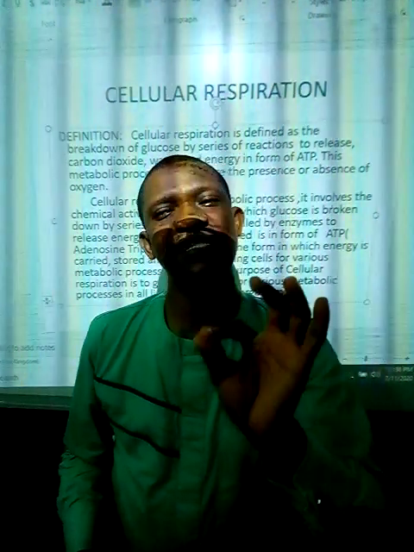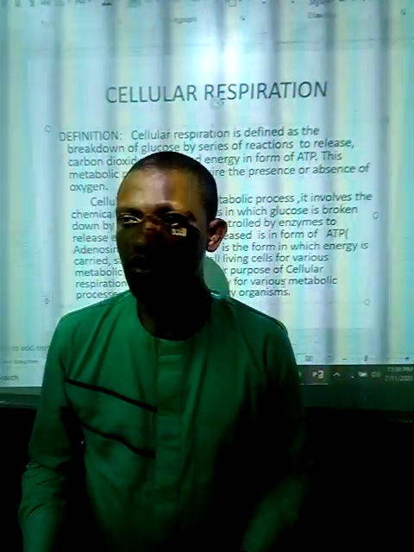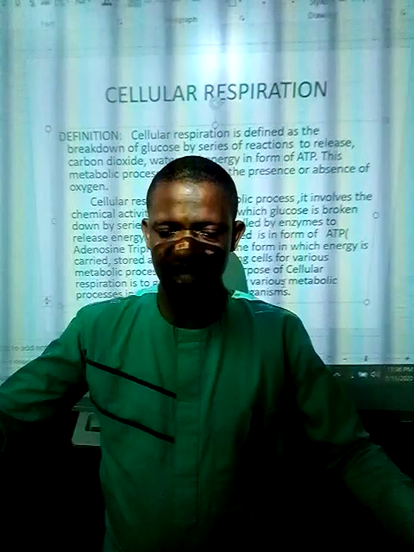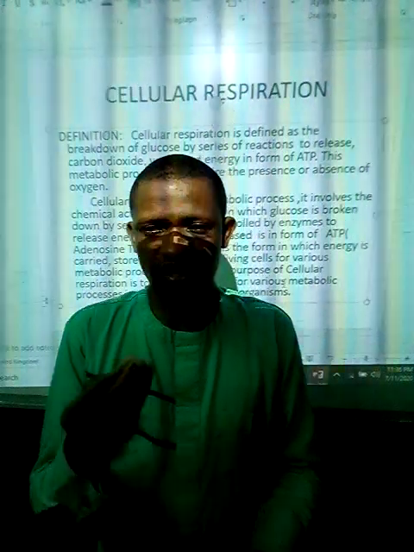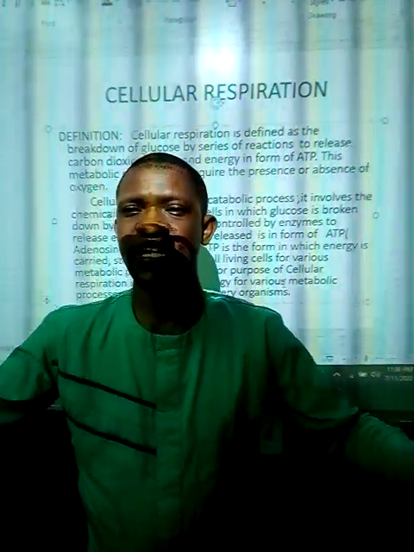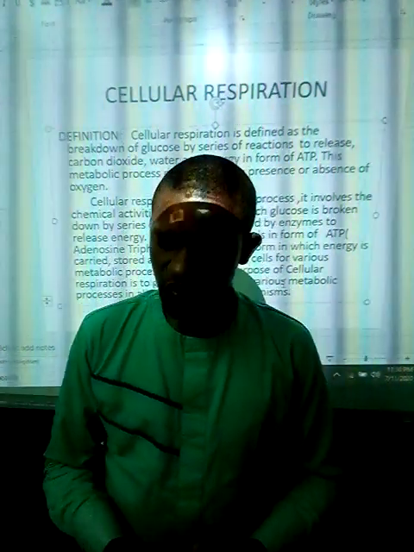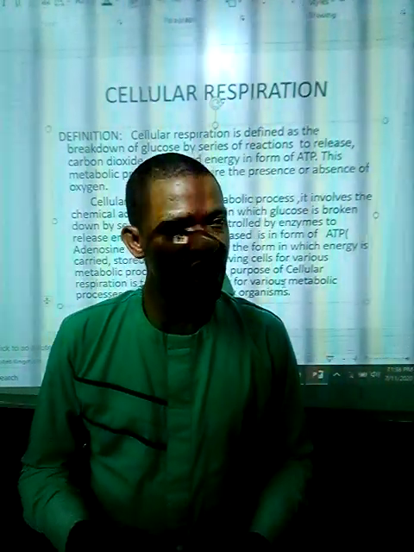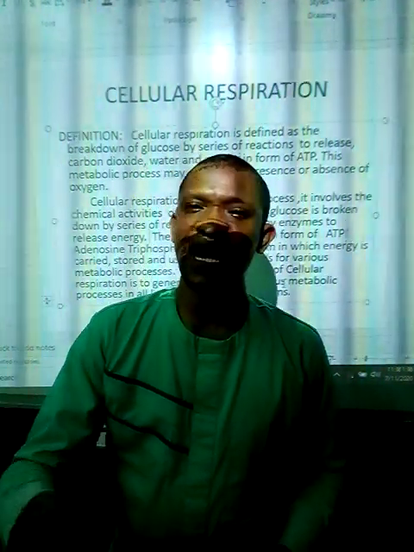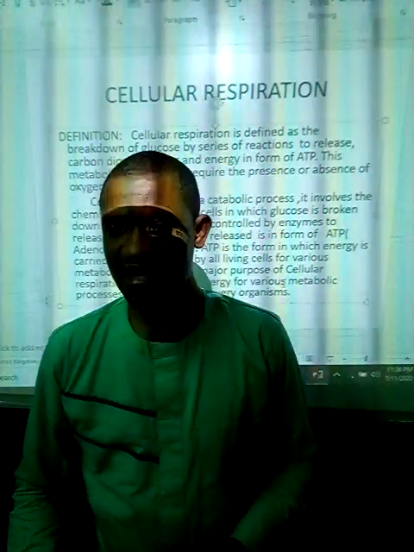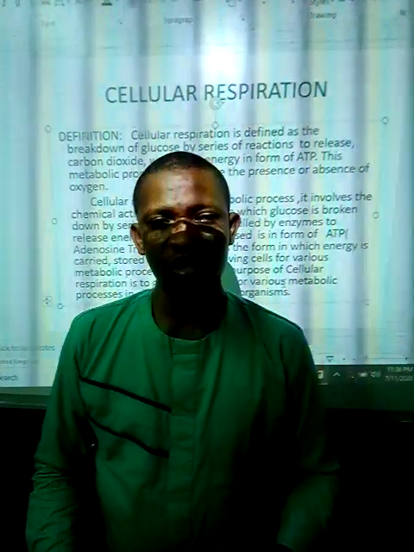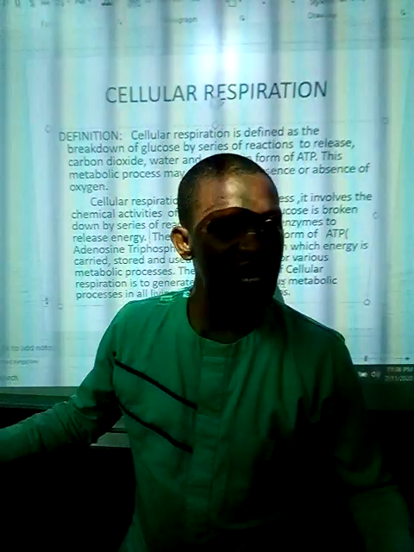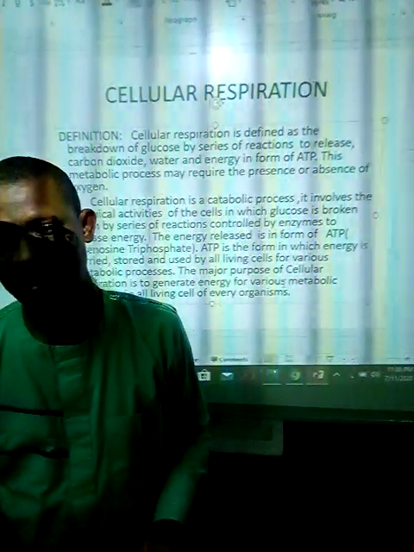Anabolism is the build-up of smaller or simpler molecules to give a larger one. Both catabolism and anabolism pair up to give what we call metabolism. Metabolism is the sum total of all biochemical activities taking place in the body.